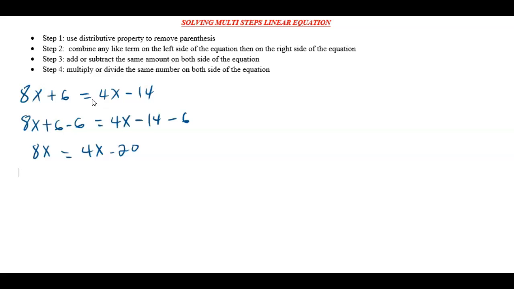To do that, we're going to subtract 4x on both sides of the equation. 8x minus 4x is 4x. And 4x minus 4x is 0, so all you have left is that negative 20.